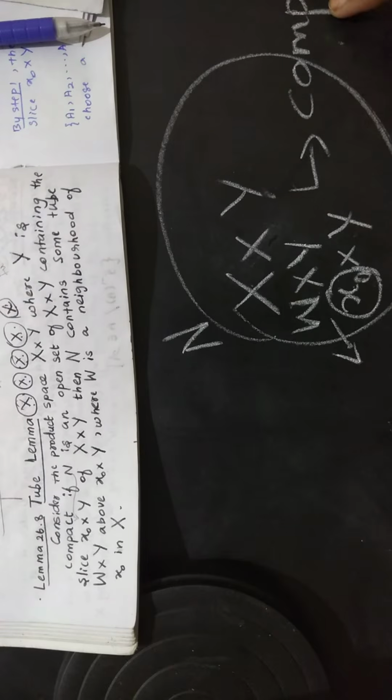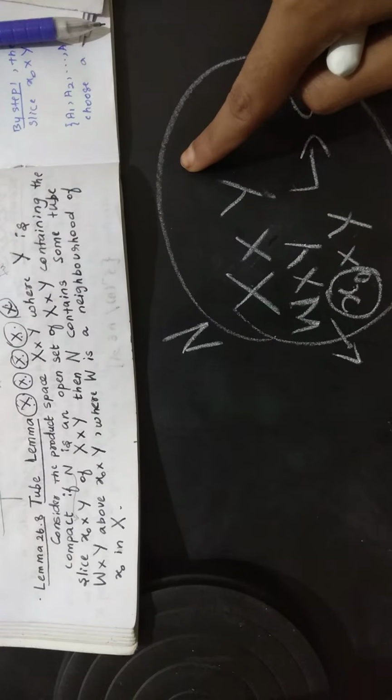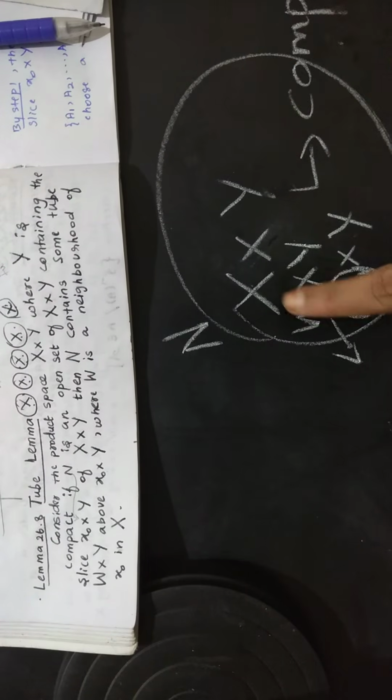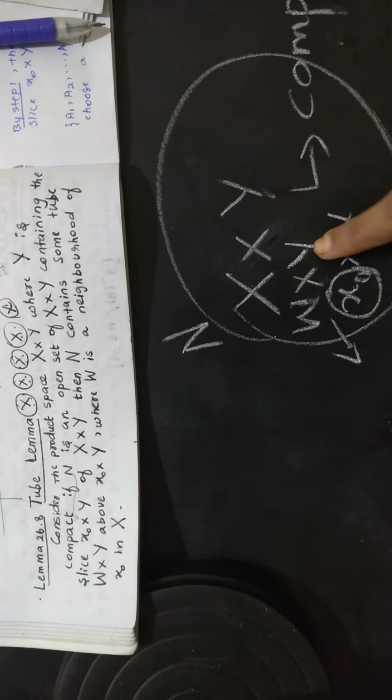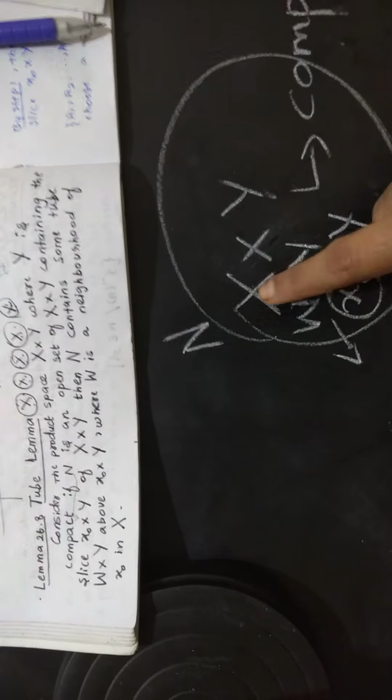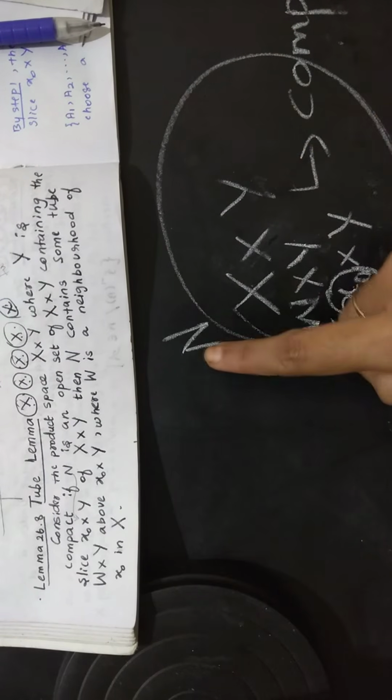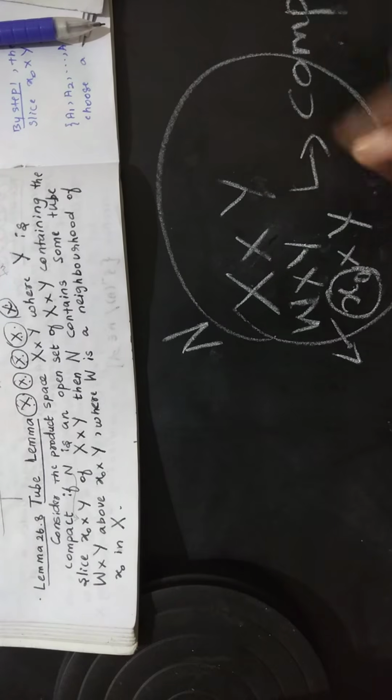If there is an open set N of X cross Y containing the slice x naught cross Y of X cross Y, then N contains some tube W cross Y above x naught cross Y, where this W is a neighborhood of x naught in capital X. Okay, this is the statement. Try to study using these kinds of figures.